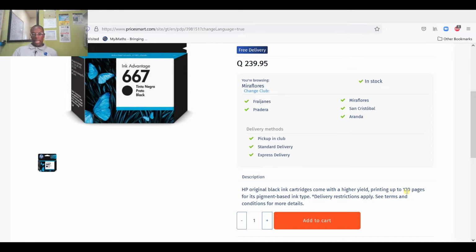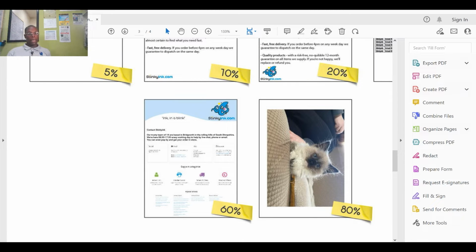Alright, basically this is saying that you'll get 120 pages. However, just so that the playing field is level for all the styles of cartridges, I want to show you something from the data that I provide those that do the refill with me.